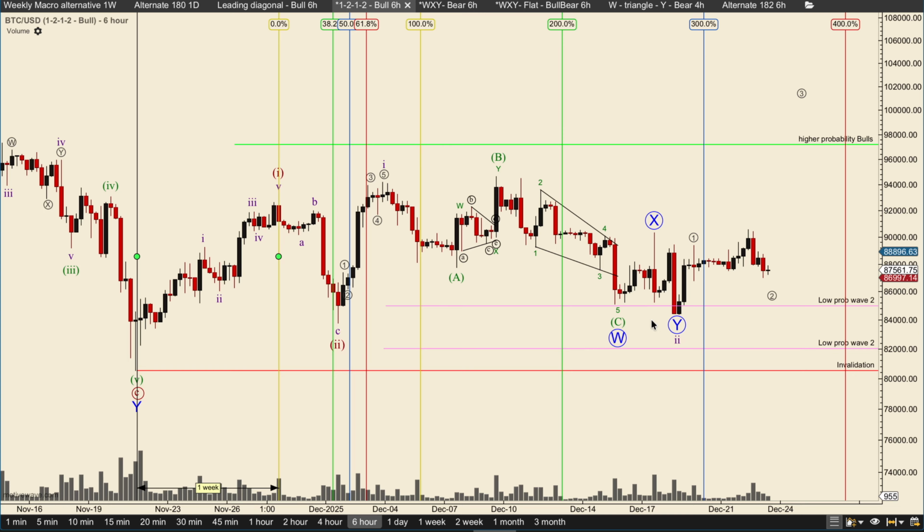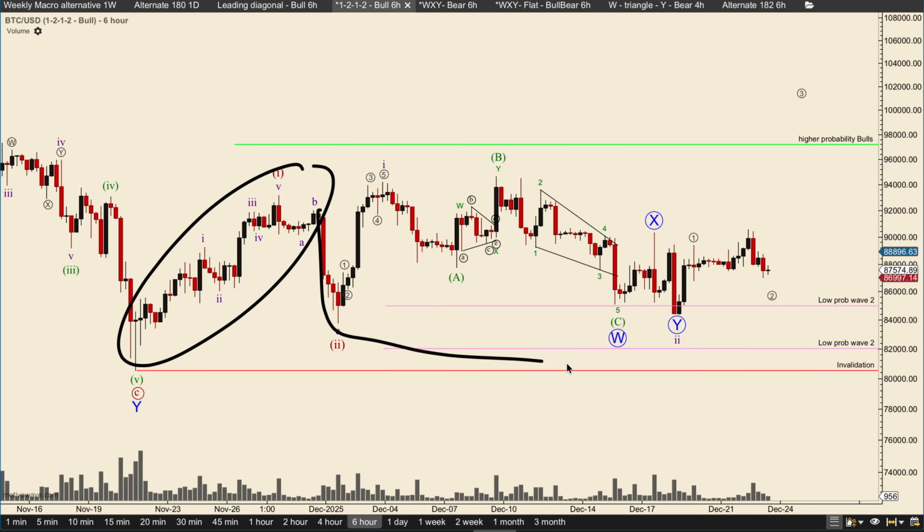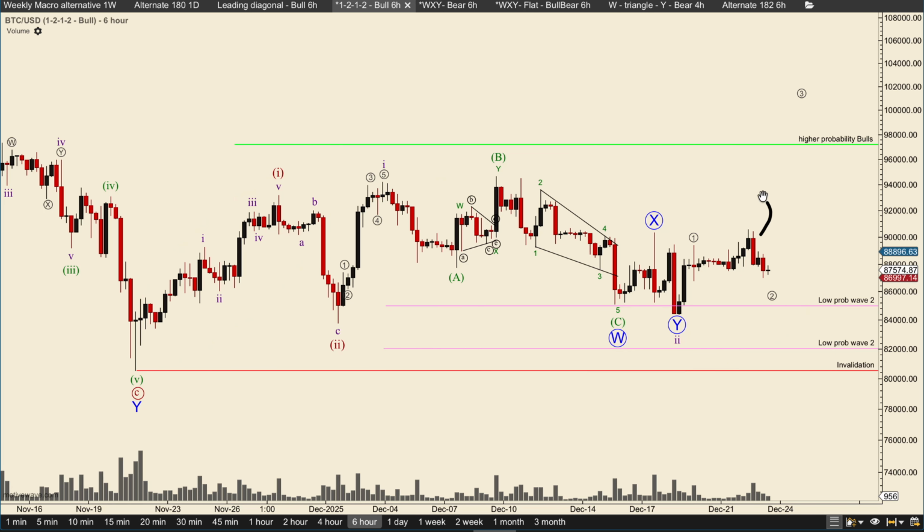And if we do that, you can see that the fib time is starting to become very, very long, even stretching to a 4 fib time, which is very uncommon for wave 2, meaning that because we hit this low probability wave 2, this has a lower probability of being wave 2, meaning that the whole structure has a low probability. Wow, that was a long way to get there, but you understand.